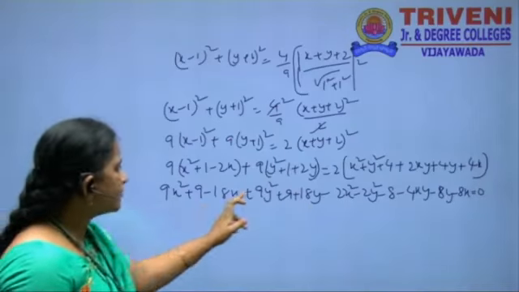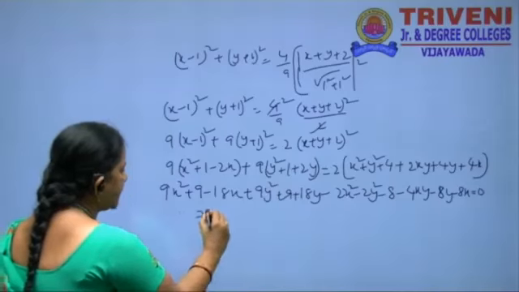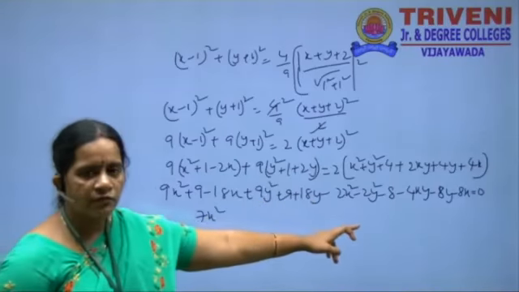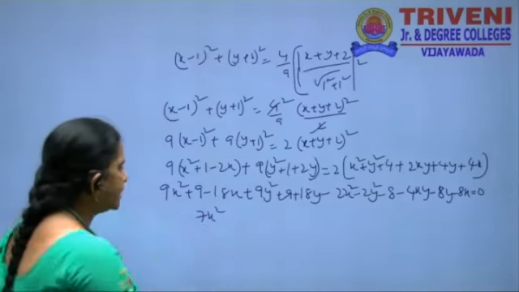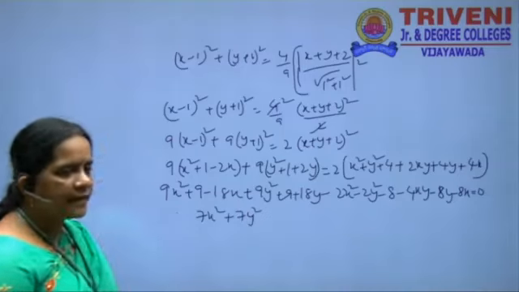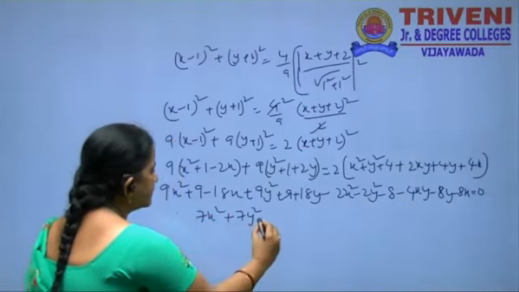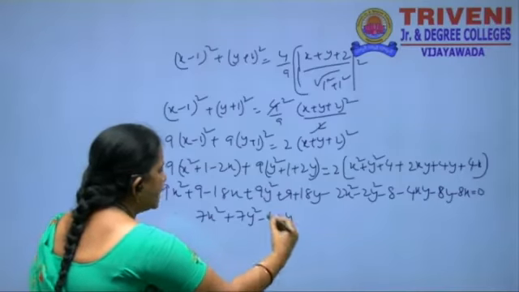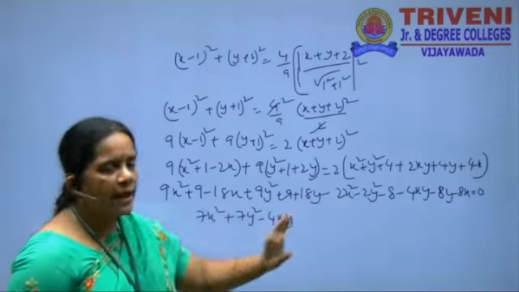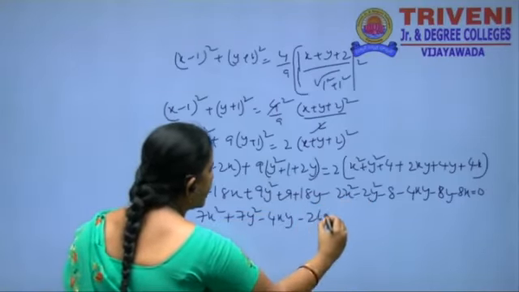Here 9x square minus 2x square is 7x square, then 9y square minus 2y square is 7y square, and the xy term is minus 4xy. Then minus 18x minus 8x is minus 26x.